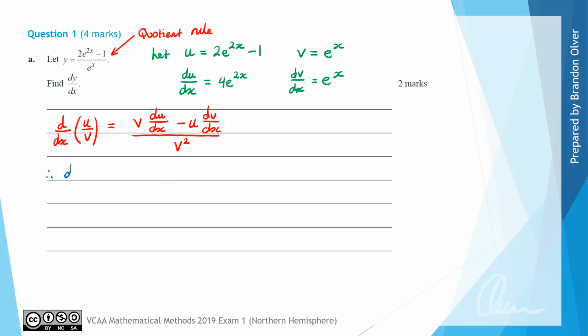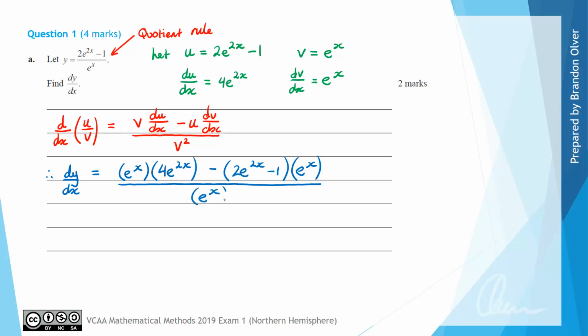So dy/dx, which is what we're asked to calculate, is going to equal v, which is e^x, multiplied by du/dx, which is 4e^(2x), and then we minus u, which is (2e^(2x) − 1). It's really important to have brackets at that point. That multiplies by dv/dx, which is just e^x. And then all of that needs to be divided by the v term, e^x, squared. So that is the derivative dy/dx.